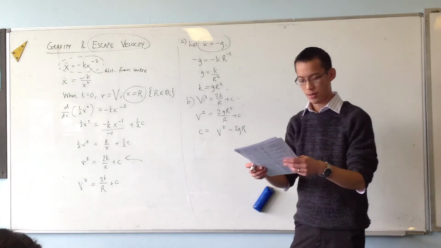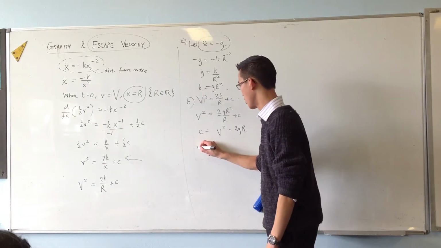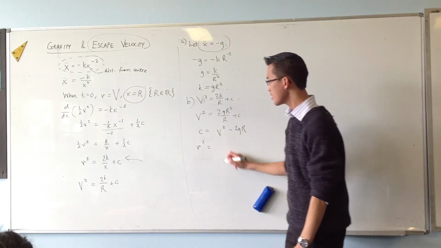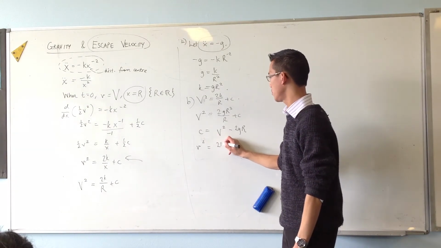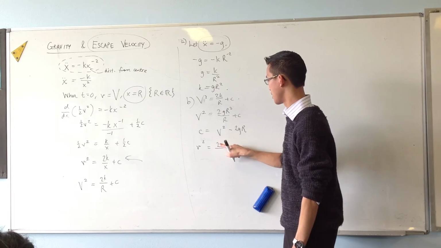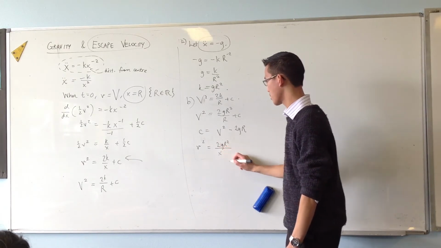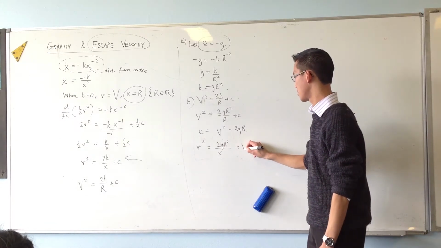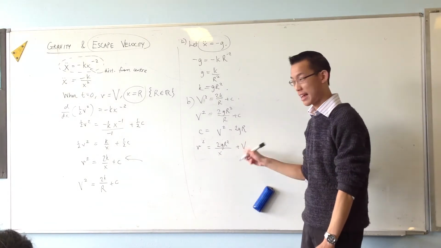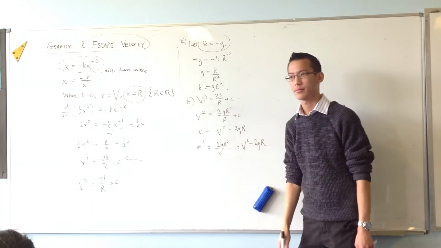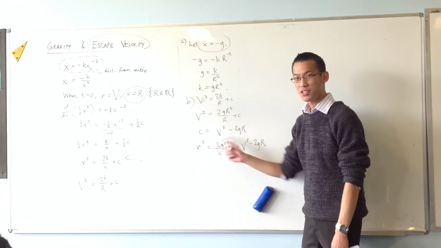So bring that back to your equation. I wanted an equation for v squared. So lowercase v, now this is actually my variable, is equal to 2k on, sorry, that's gr squared, x plus capital V, that constant there, minus 2gr. Now I can tidy this up just a little bit.